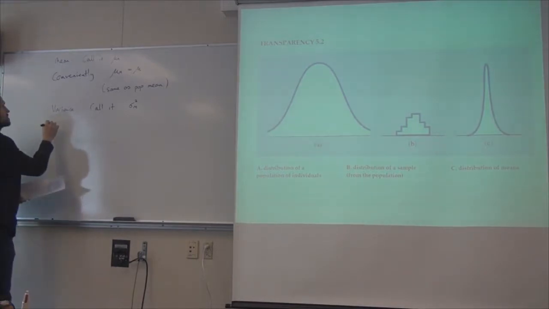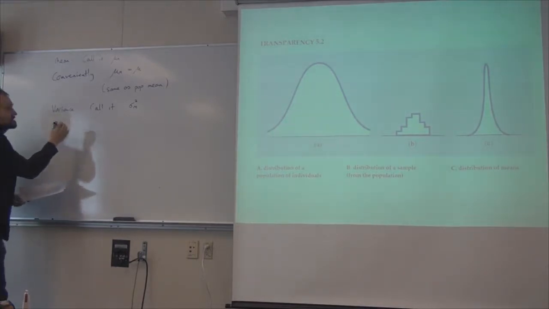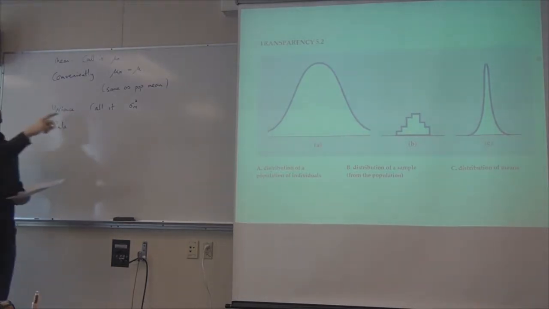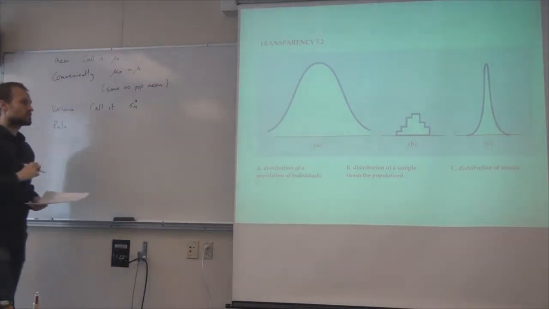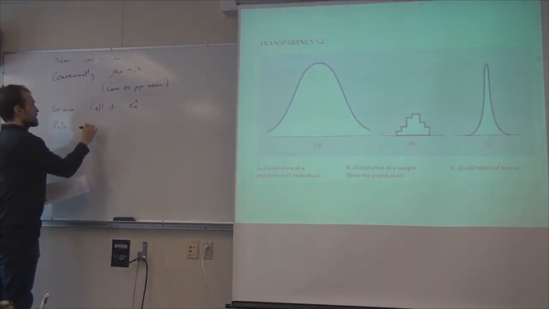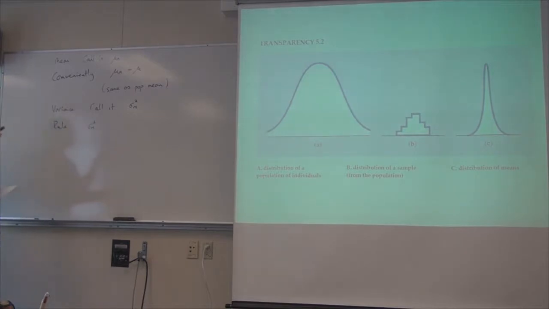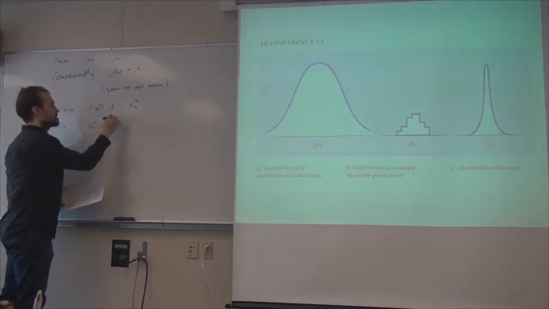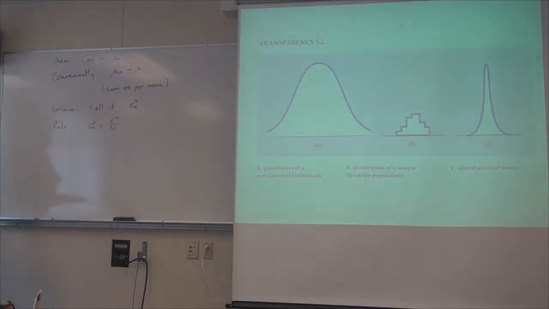And the rule that is derived from the theoretical equations is that to calculate the variance of the distribution of means, I take the population variance and divide it by the sample size.